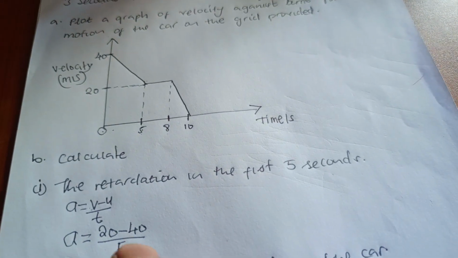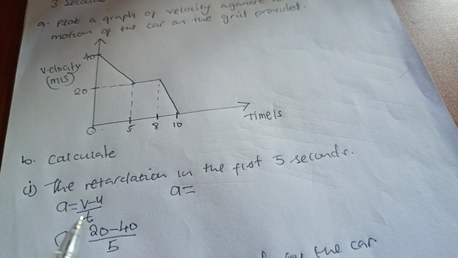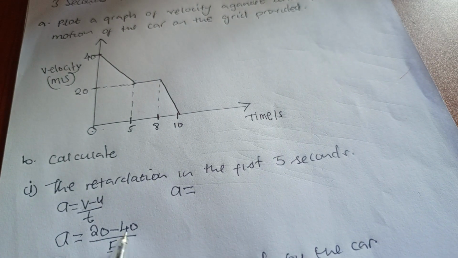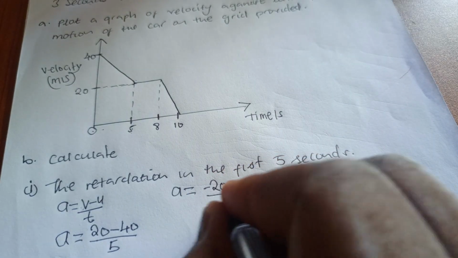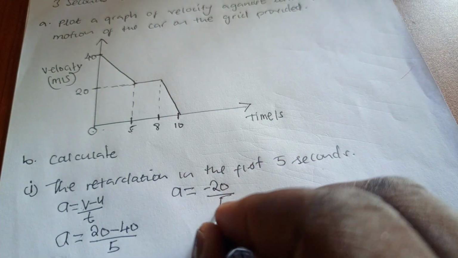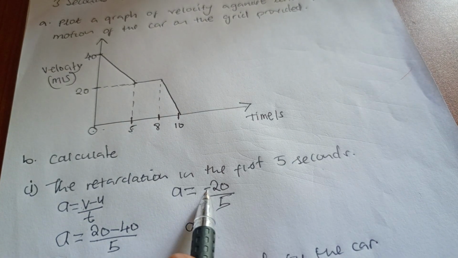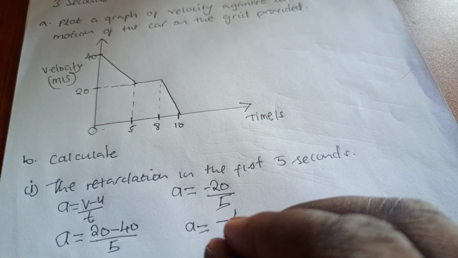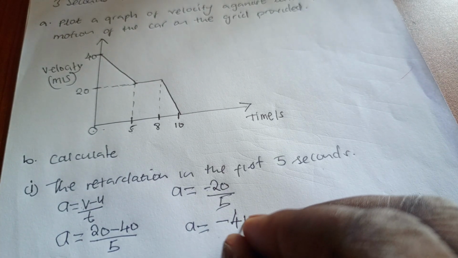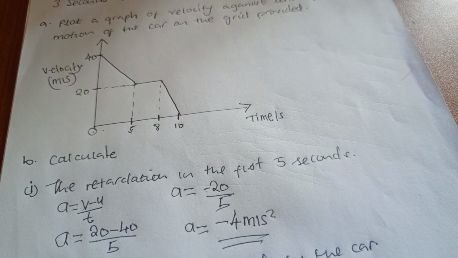Subtracting 20 minus 40 gives negative 20, over 5. Negative 20 over 5 is negative 4. So the answer is negative 4 meters per second squared. This will be the final answer.